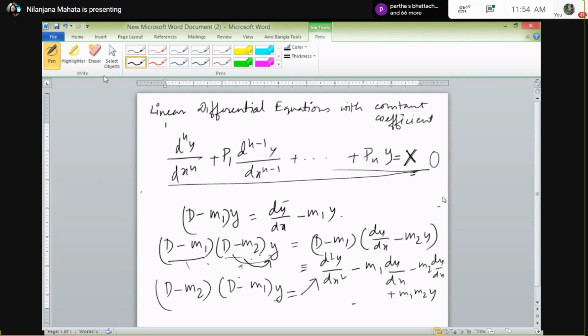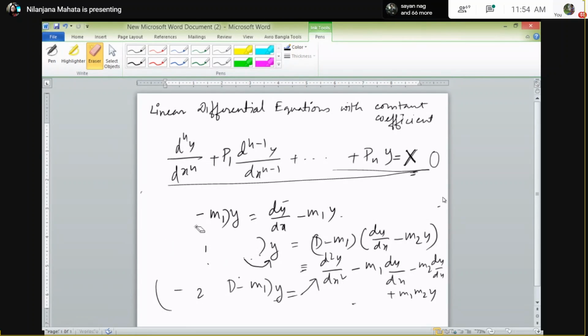So when we factorize, it doesn't matter which we write first. Your D minus m1, okay, and another thing is that the result is independent of the order in which you operate the difference operators on y.